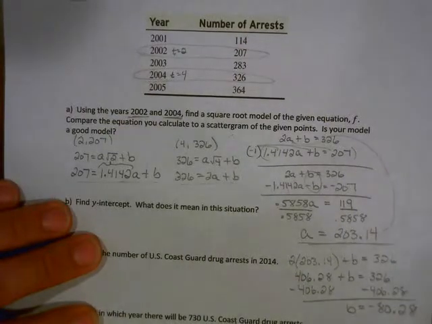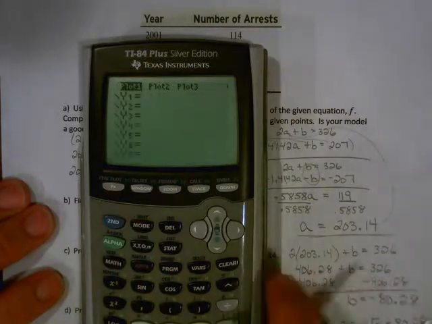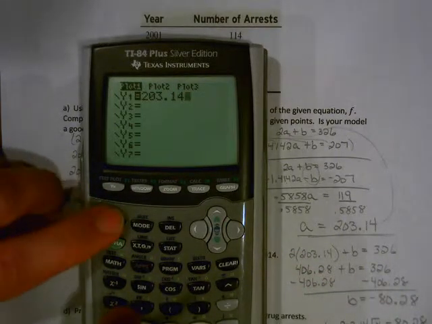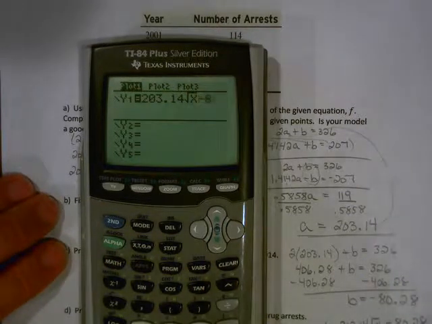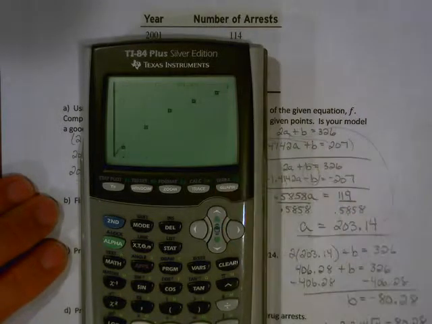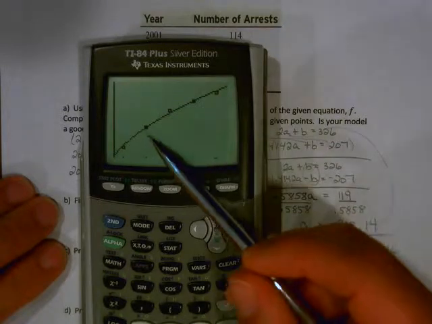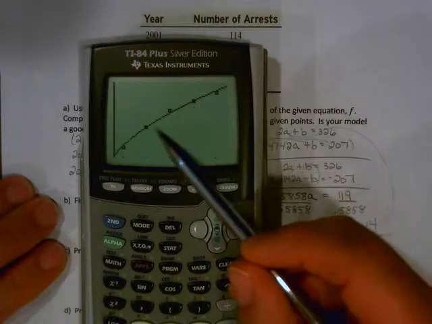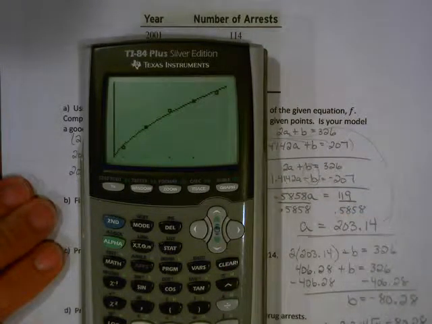So here's our equation that we're going to use, and if we graph this, remember I have all those points in there, and you can see that it's not perfect, but we did use this point here and this point here, so that's why it goes through those 2 points, but it's a pretty good fit.